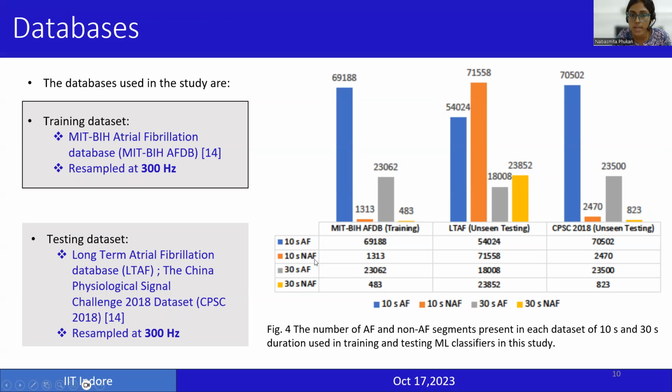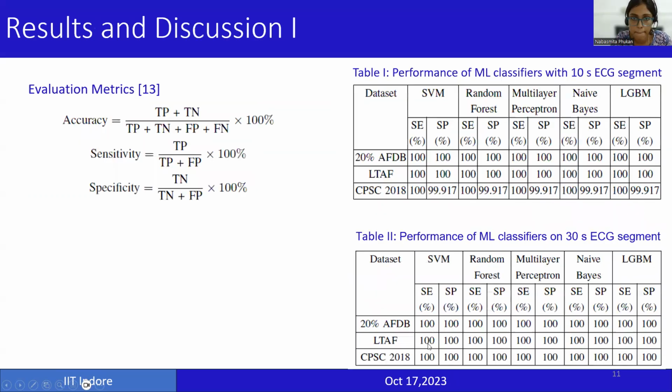This is the number of non-atrial fibrillation segments present in these databases. This is for 30-second duration, the number of atrial fibrillation segments present, and this is for 30-second duration, the number of non-atrial fibrillation segments.